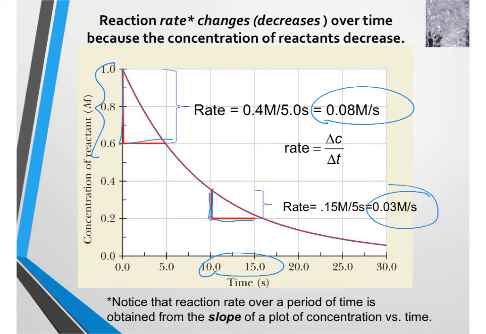And so the rate has dropped. It's less than half of what it was originally. And as you can imagine from this type of downward sloping curve, the rate of reaction is going to plateau at some point. When it reaches equilibrium, there's going to be no change in concentration at all.